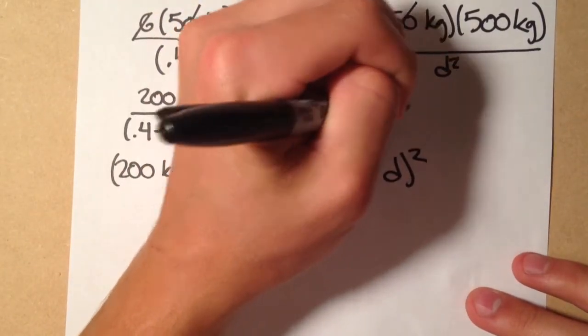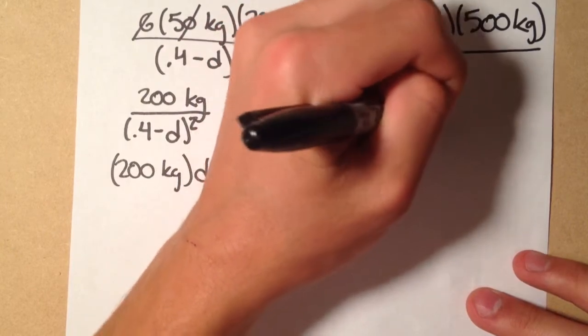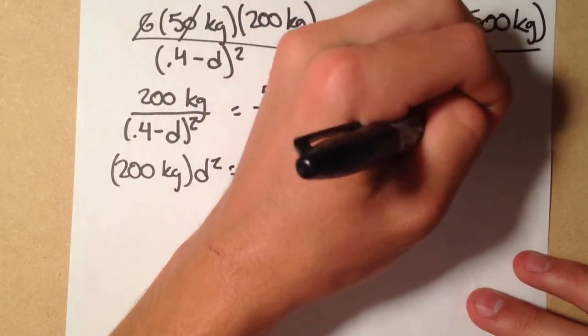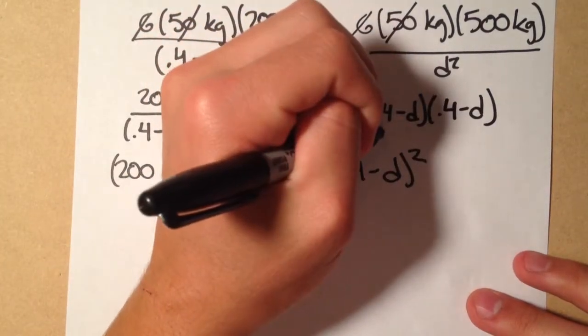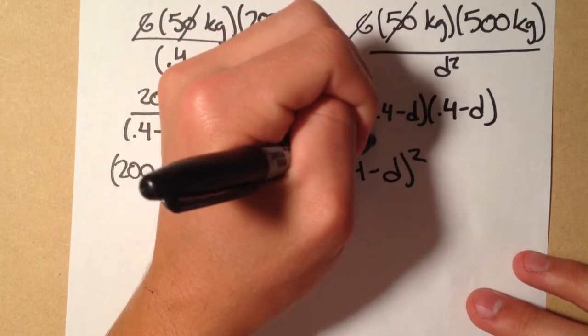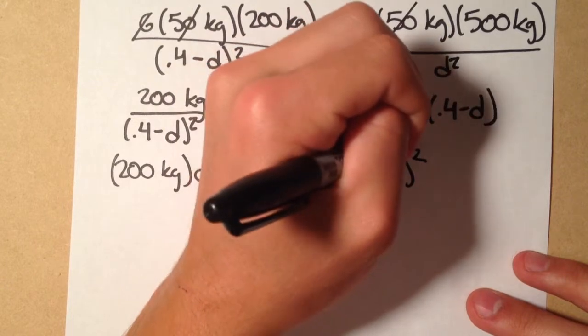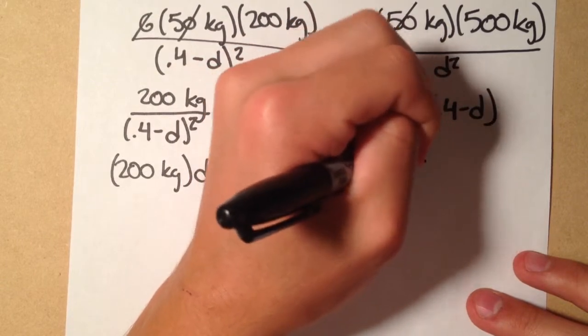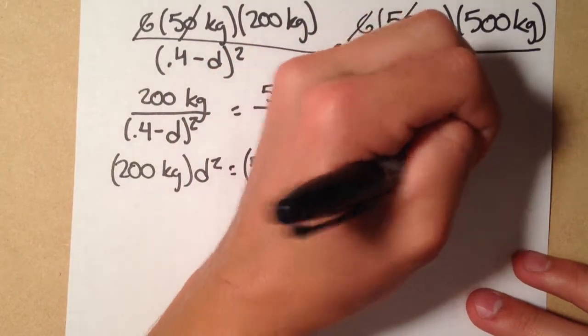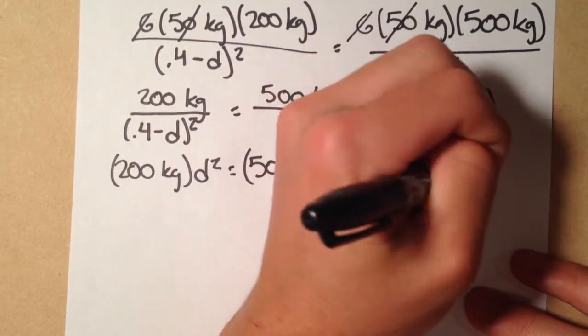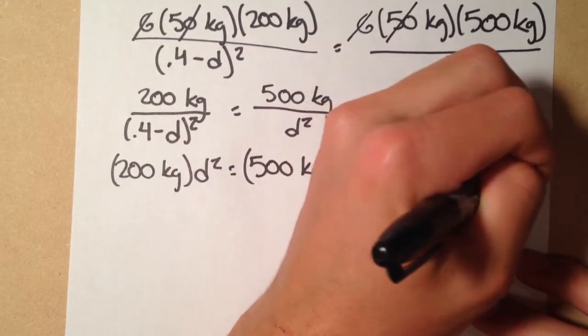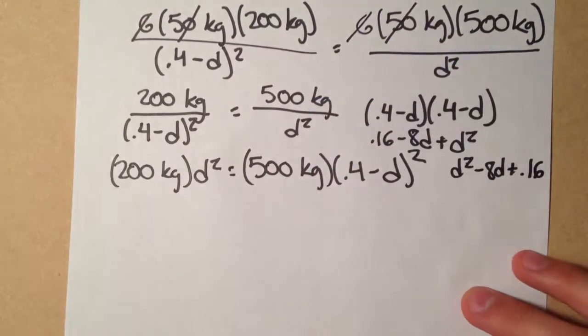So (0.4 minus d) times (0.4 minus d) gives us 0.16 minus 0.8d plus d squared, and then we can rearrange that to d squared minus 0.8d plus 0.16.